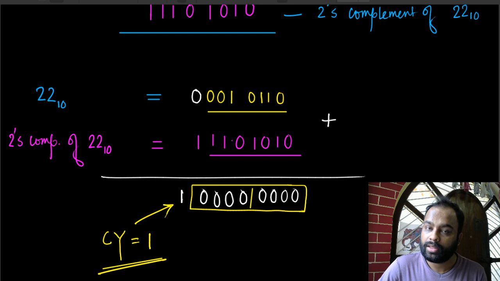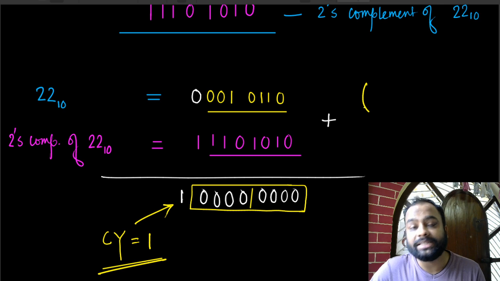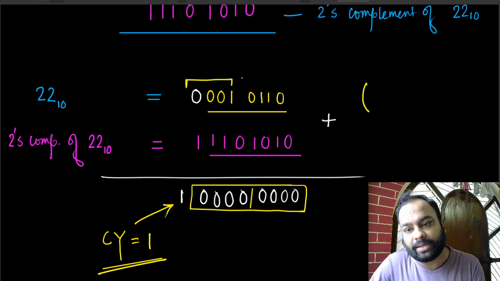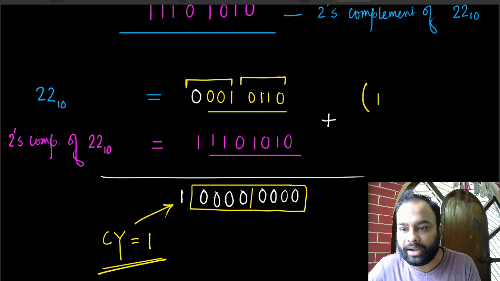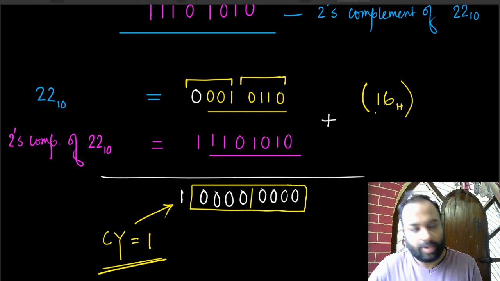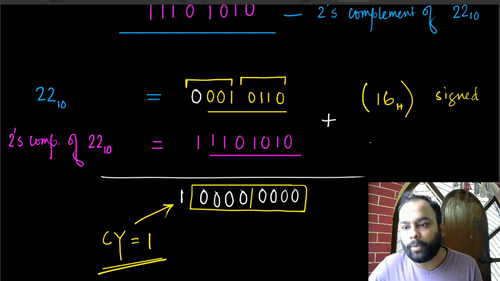Got the point? So in signed integers, how would you deal with this number? By taking this in hexadecimal. In hexadecimal, this number is 1 and 6, so 16 in hexadecimal, as a signed integer. And what about this number in terms of signed integer?